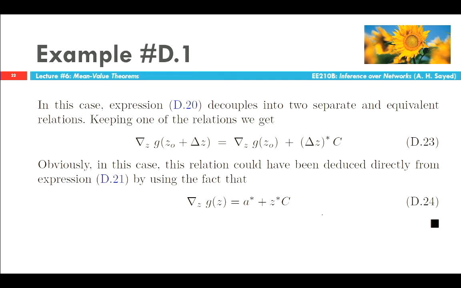In the quadratic case, you can do it directly. But of course, the mean value theorem is useful for general cases, when my cost is more general, for example, try to do this for the logistic cost. The mean value theorem will give you the exact expression. Okay? Good?